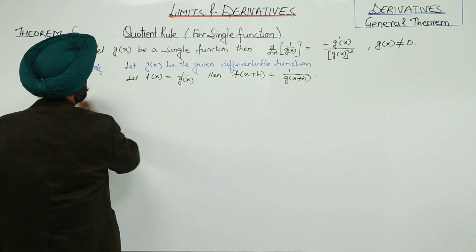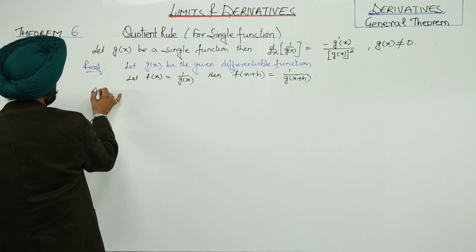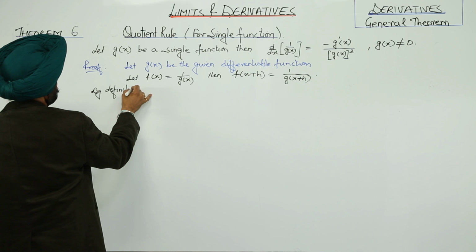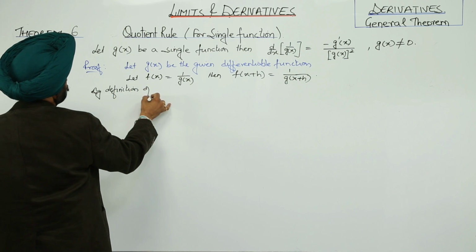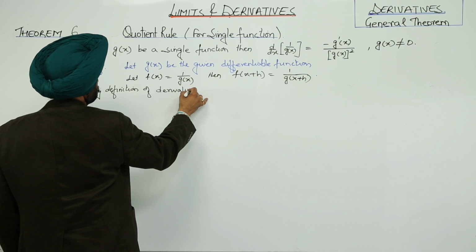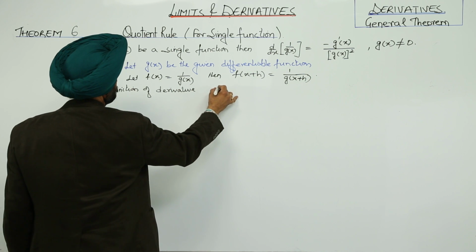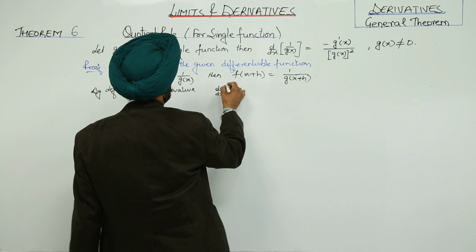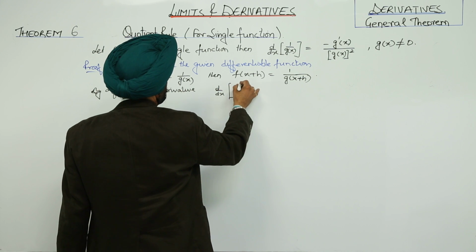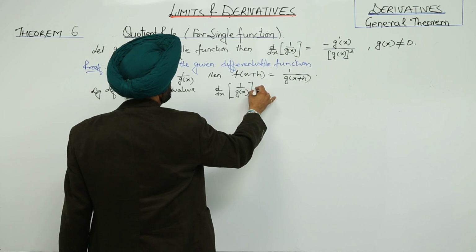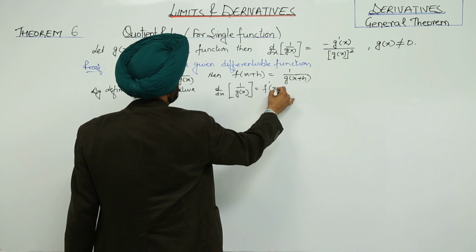Now, by the definition of derivative, d/dx of 1/g(x) is equal to f'(x).